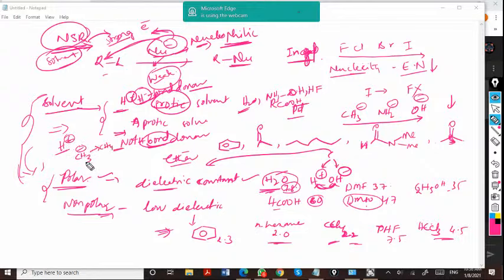If not, it's going to be available as such. If I give a protic solvent, you must write CH4 as a final product. If I give an aprotic solvent, there won't be availability of the proton, so you must write CH3 minus as such. So that is the important point.